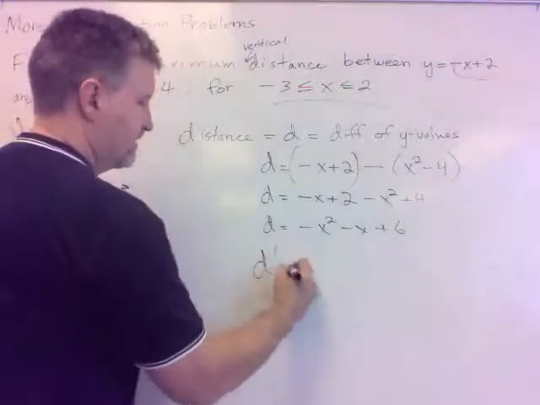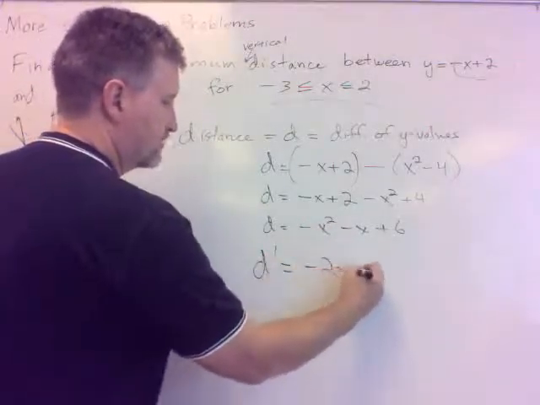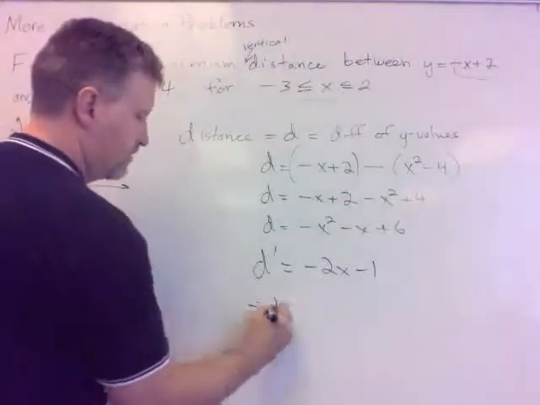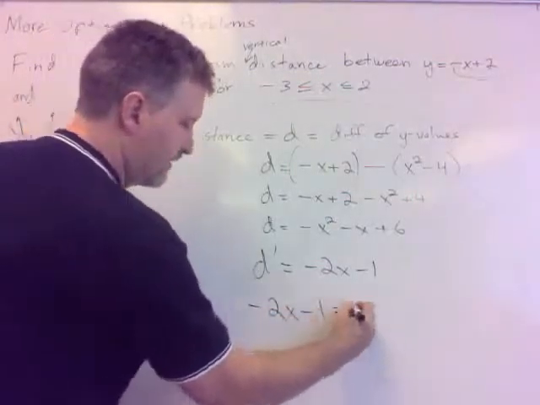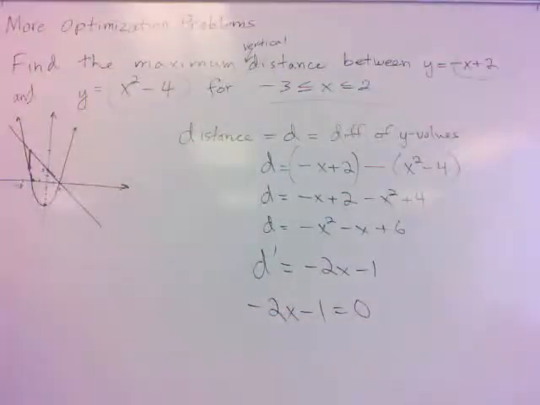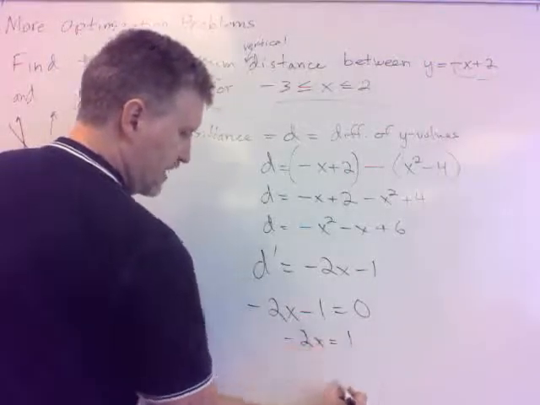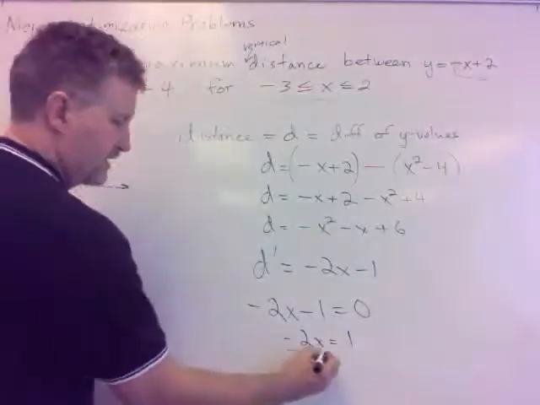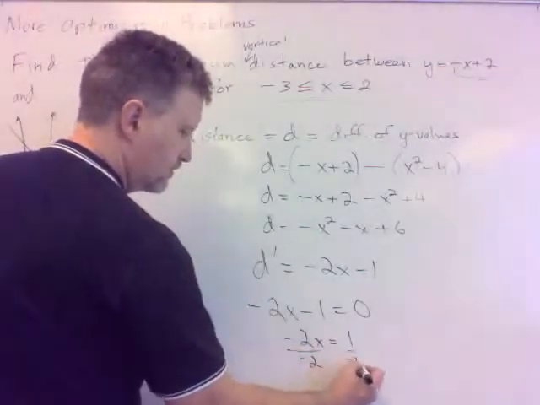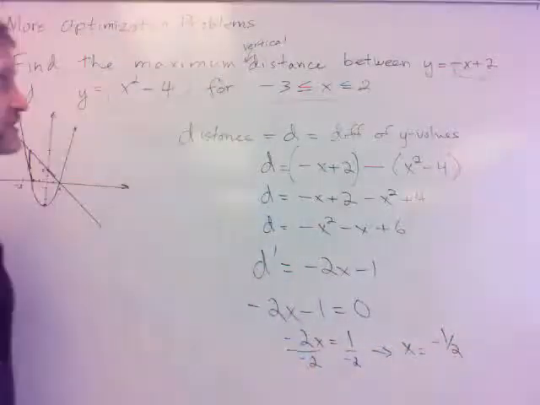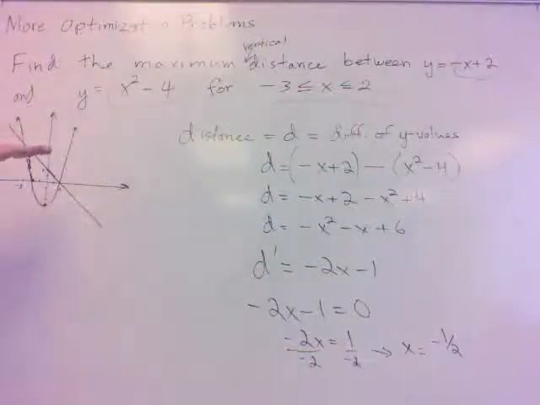So D prime of this would be minus 2x minus 1. Critical numbers, set that to 0. That'd be the way to find them here. So what does that give me? Negative 2x, if we add 1, equals 1, divide by negative 2. So the x would be minus a half. That's the x value at which the maximum occurs.